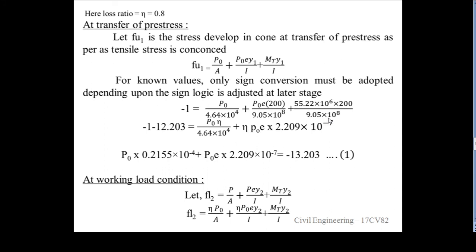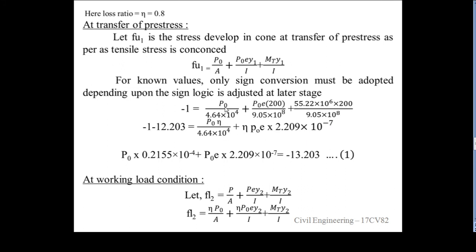This 55.22 into 10 raised to 6 into 200 divided by 9.05 into 10 raised to 8 gives how much value? 12.02. Okay, 12.02 is the value of this one. Then 200 divided by 9.05 into 10 raised to 8 gives 2.22 into 10 raised to 9 into 10 raised to 7.